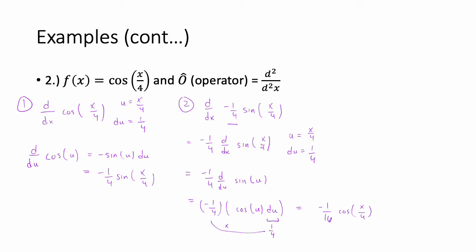So if I set that equal to my original function multiplied by k, these just cancel out, and I get that k is equal to negative 1 over 16. So that's a constant, so this is an eigenfunction with an eigenvalue of negative 1 over 16.